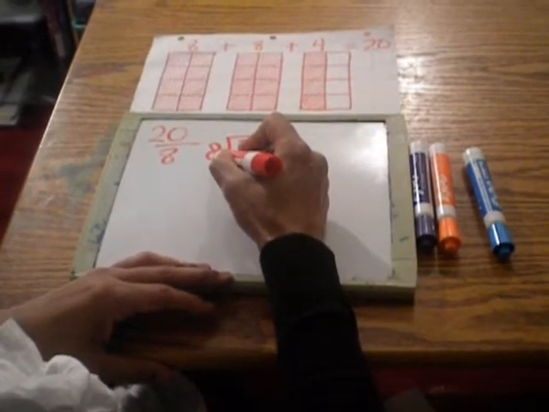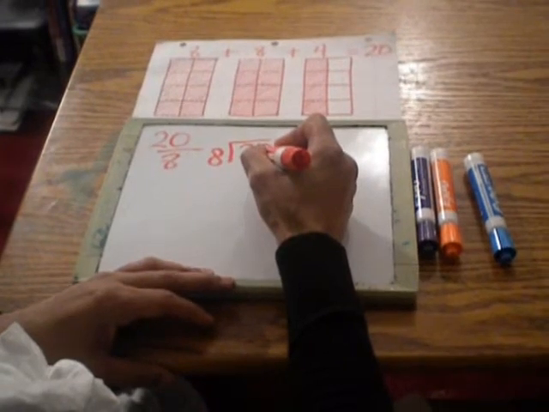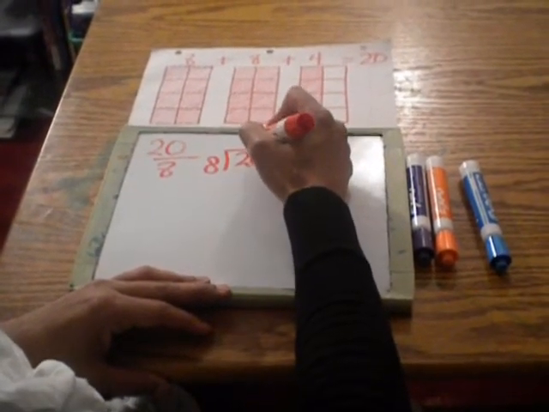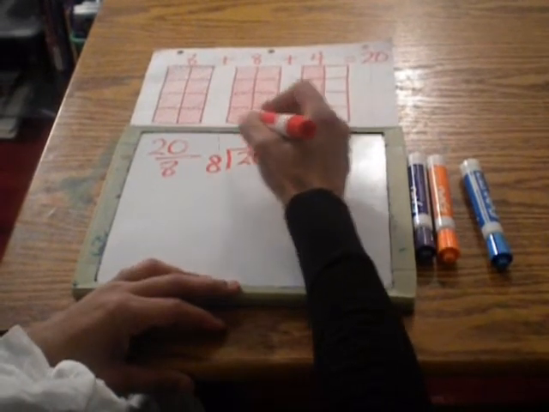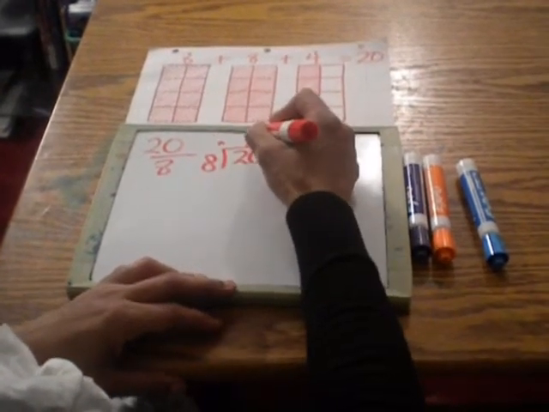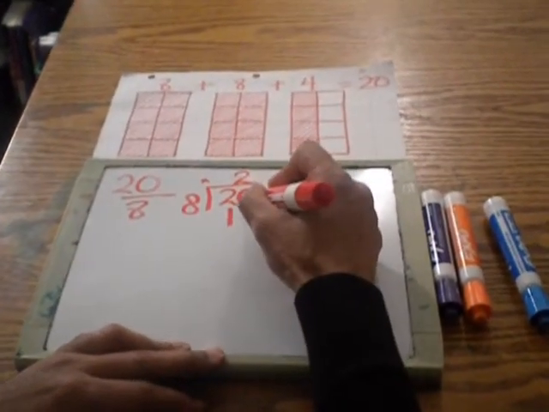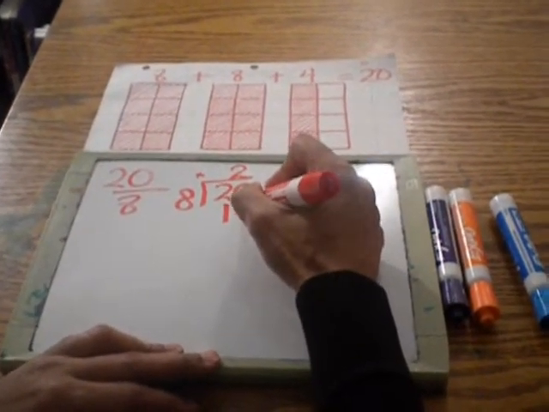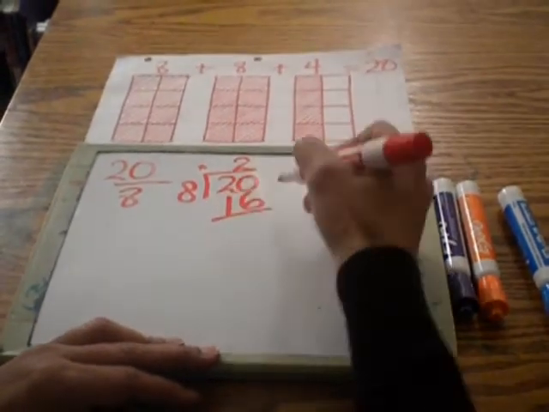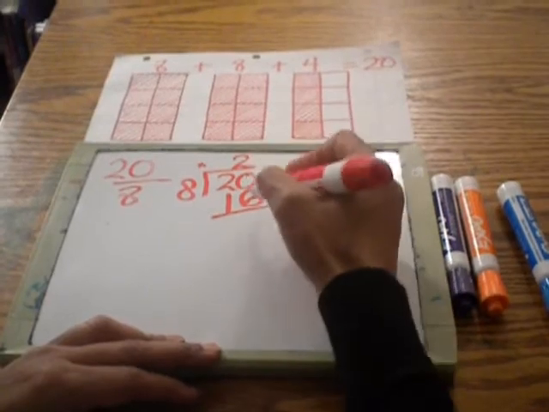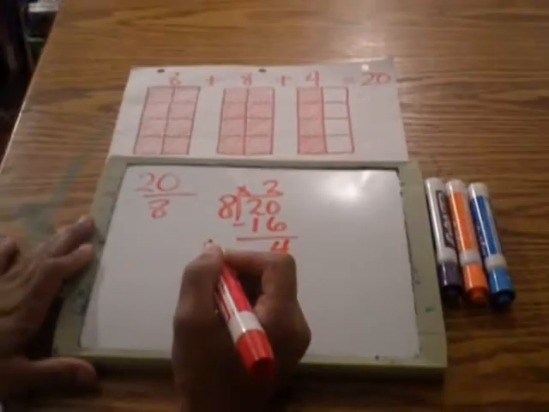So 8 into 20 goes 2 times. We put the 2 over the 0, and we multiply 2 times 8, which is 16, and we subtract, giving us 20 minus 16 gives us a difference of 4.